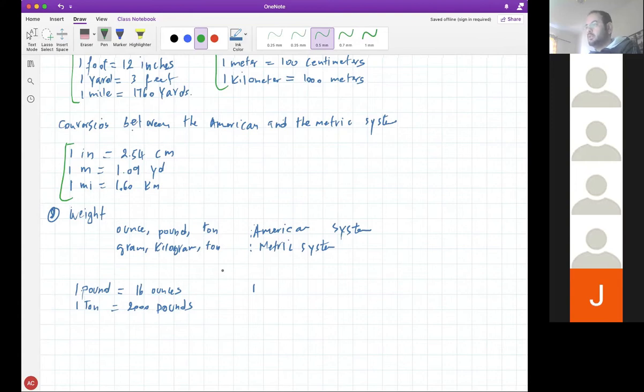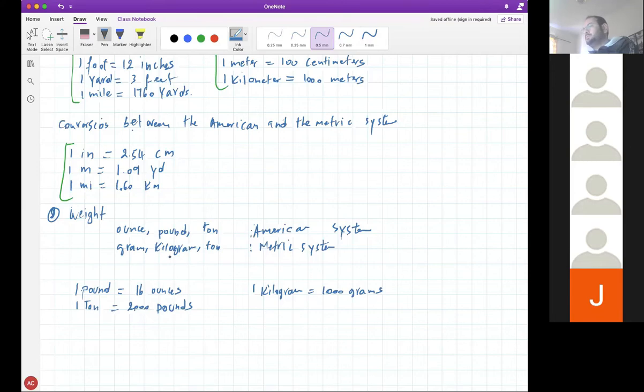We're going to do the same thing here. So 1 kilogram is about 1,000 grams. A gram is very small, about a pinch of salt. Thousands of those pinches make a kilogram.